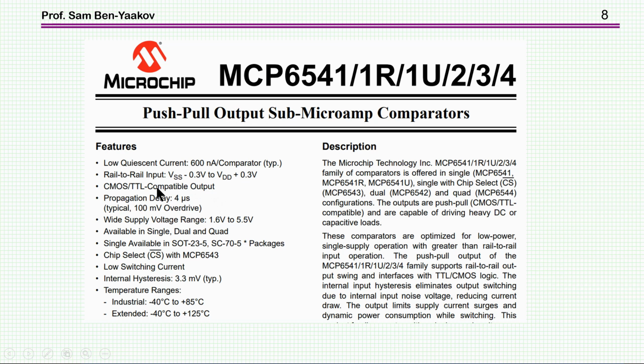There are many. It has low current, a rail-to-rail input, which is fine, from minus 0.3 to plus 0.3, and it is CMOS compatible. We'll see that the output is also rail-to-rail, and the propagation delay is about 4 microseconds. The 4 microseconds is pretty good.